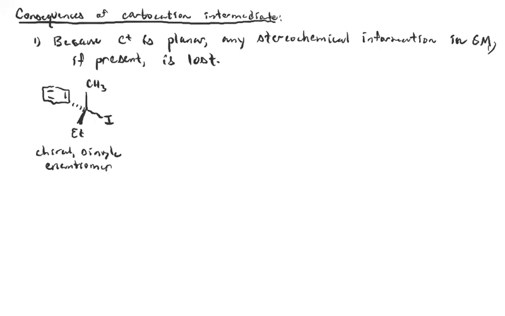And remember, I'm writing chiral single enantiomer there just to emphasize the point. But if I just draw that compound as a single enantiomer, the implication is that it's a single enantiomer. If I put the plus minus underneath, that tells me that it's racemic, okay?